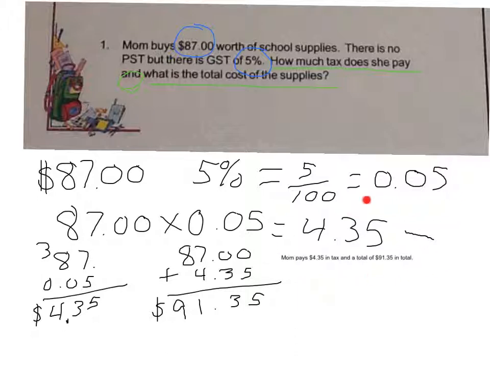It is just over $4, so that's really good. I've done about right. Now, my reasonableness, $91.35 in total. I started with 87, I'm up to 91. Yeah, I've paid some in tax, but I haven't spent more in tax than I have in the total. So that probably is a fairly reasonable answer. So I could be happy to go on to the next question now.